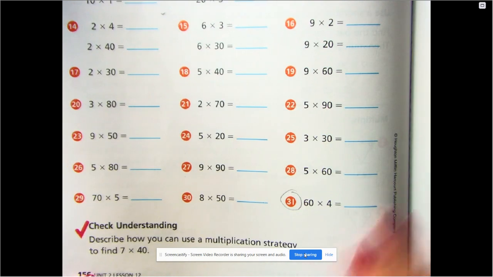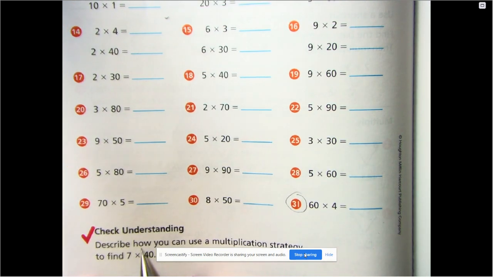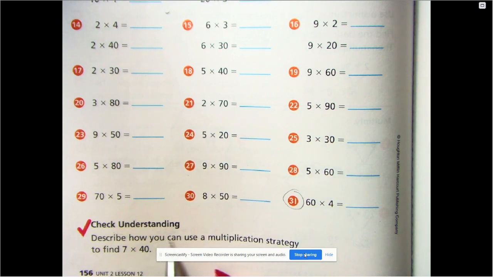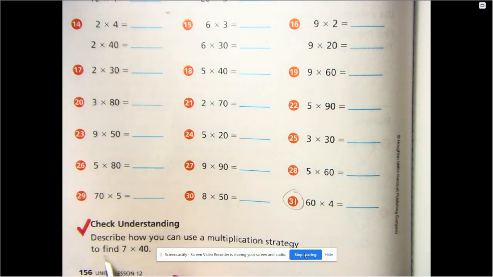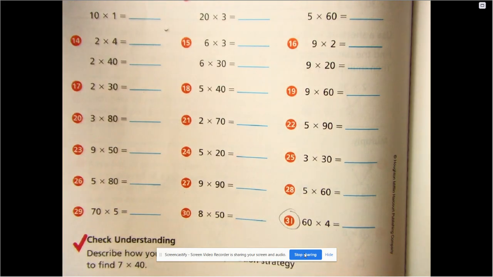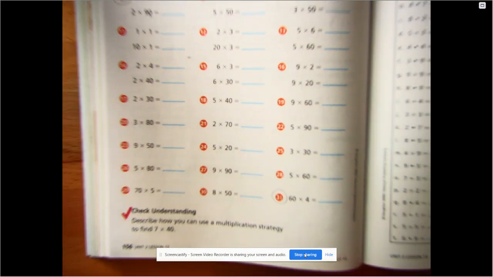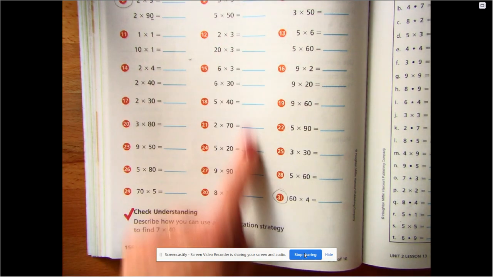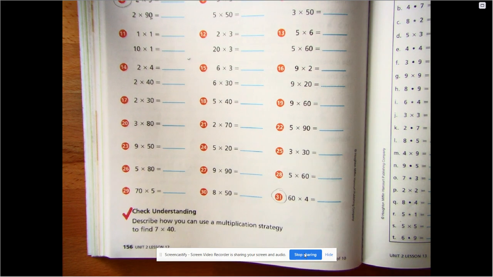If you want, for extra credit bonus, you can answer the check understanding that says describe how you can use a multiplication strategy to find 7 times 40. If you want to do that, you may. You can choose to skip it, but your job today is to do number 8 through number 31. Don't skip any of them. You can go down the columns, you can go across, however you would like.